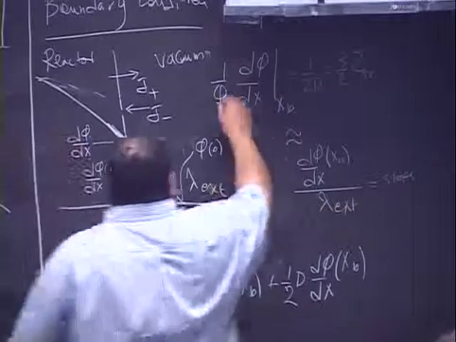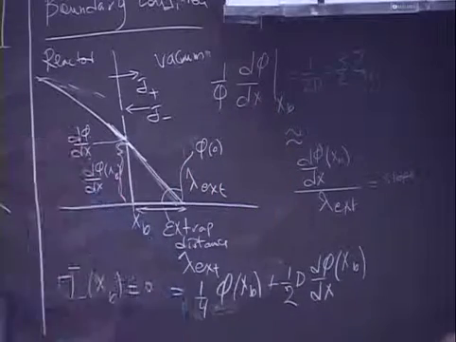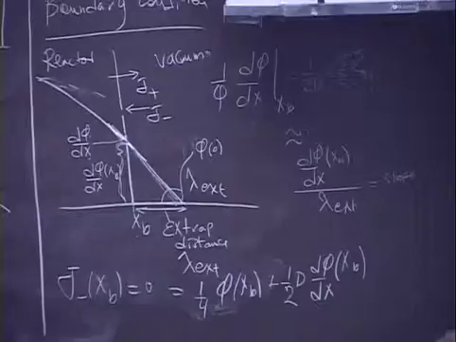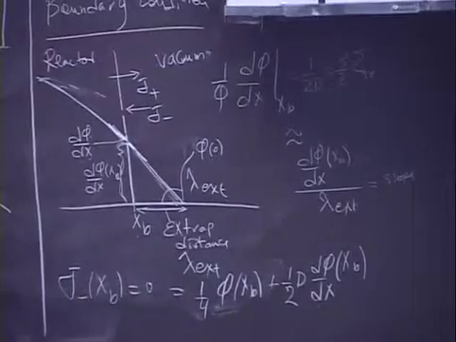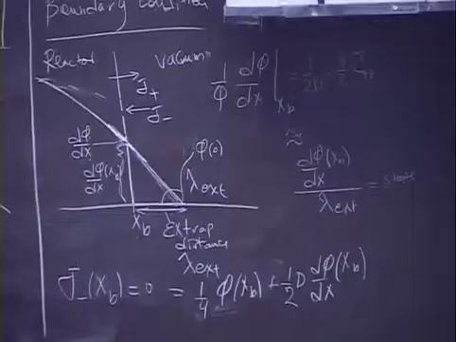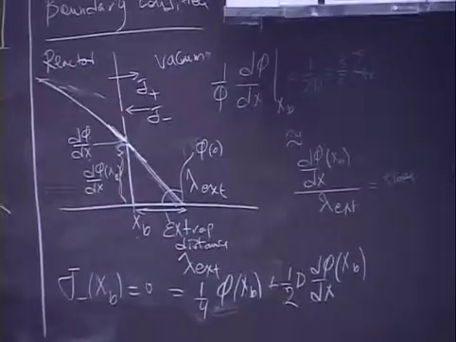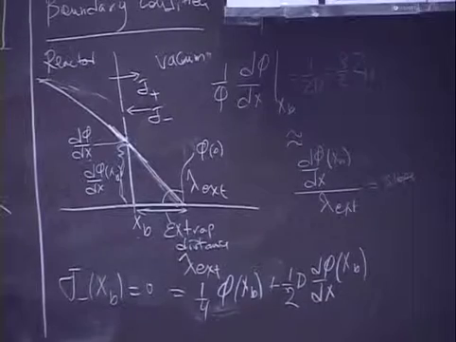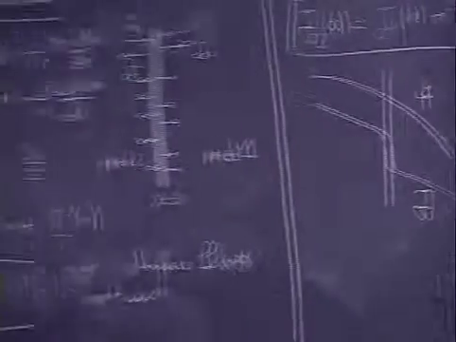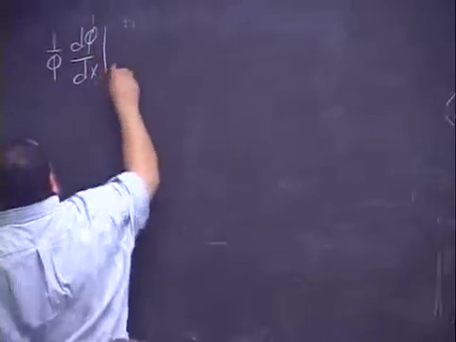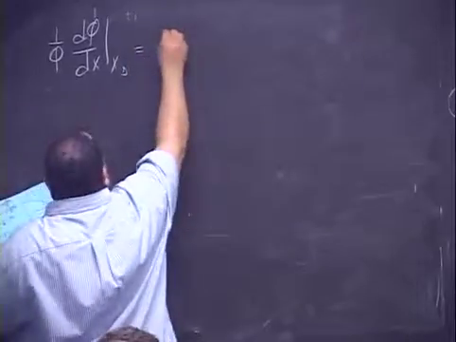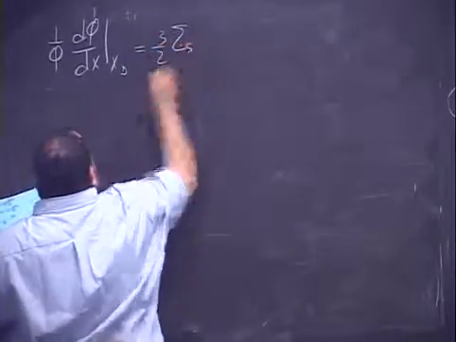So this quantity here, 1 over phi dphi/dx, all evaluated at xb, is equal to 3/2 sigma transport.